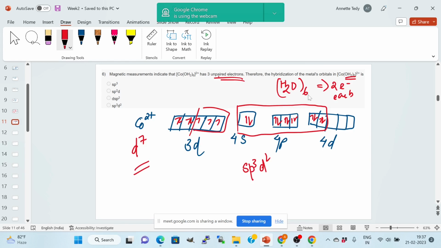Now we have to look at how many ligands there are. Since we have 6 neutral ligands, each ligand will give 2 electrons. So 2, 4, 6, 8, 10, 12, right? So this many is needed for hybridization in this complex. So this is the answer. Is it clear?